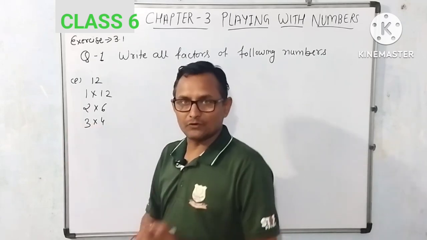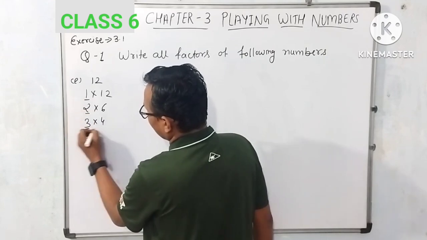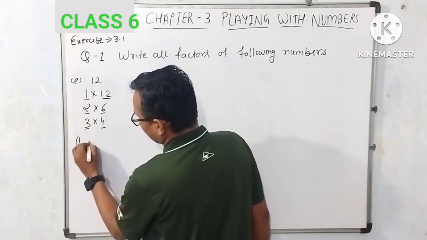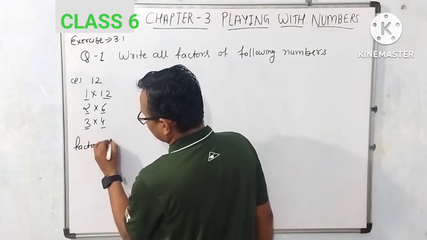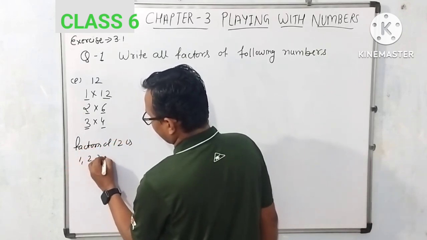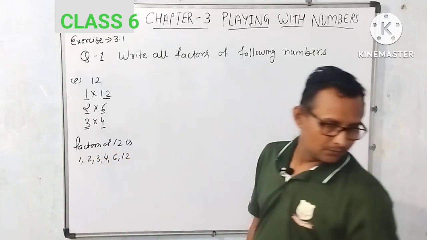So we have to stop here. The factors of 12 are 1, 2, 3, 4, 6 and 12. So you can write factors of 12 are 1, 2, 3, 4, 6 and 12.